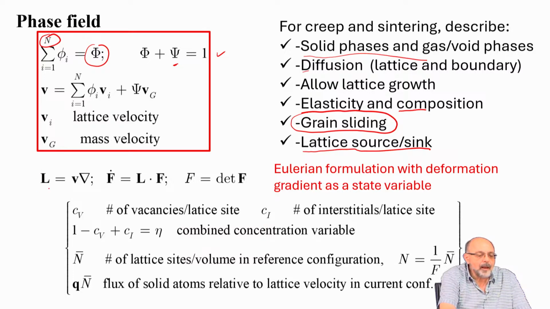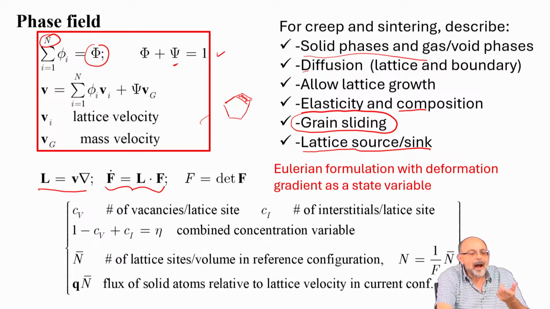So let's just do the basics. First, I have my velocity gradient. Now, if you recall, for lattice continuum, I don't have a reference configuration. If this is my grain originally, and then this piece of lattice has grown, this is new lattice here, I don't have any reference configuration for that lattice. I have to invent it.